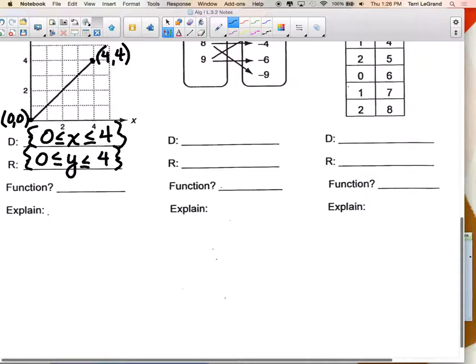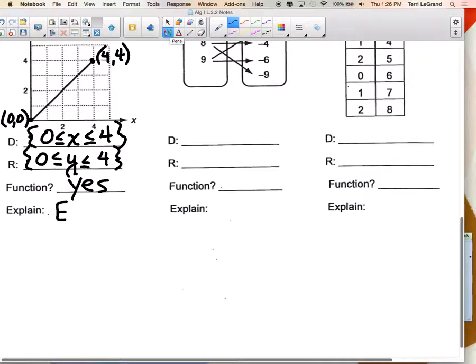Okay, is this a function? Yes. How do you know? Each x value only has 1 y value. Do we ever have any points on that line segment where there's a point above or below it? No, this is a function. So function, yes.